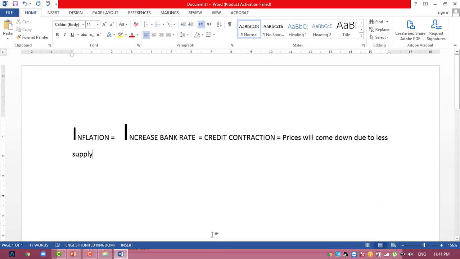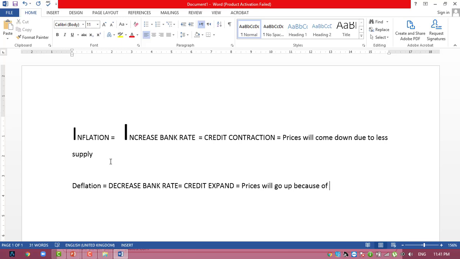So guys, how to remember when there is deflation in the country? We know that both situations are bad for any country. So for deflation, what will the central bank do? The central bank will decrease the bank rate. By decreasing the bank rate, credit will expand. Borrowers will take more loans, and prices will go up because of more supply by the businessmen in the country.